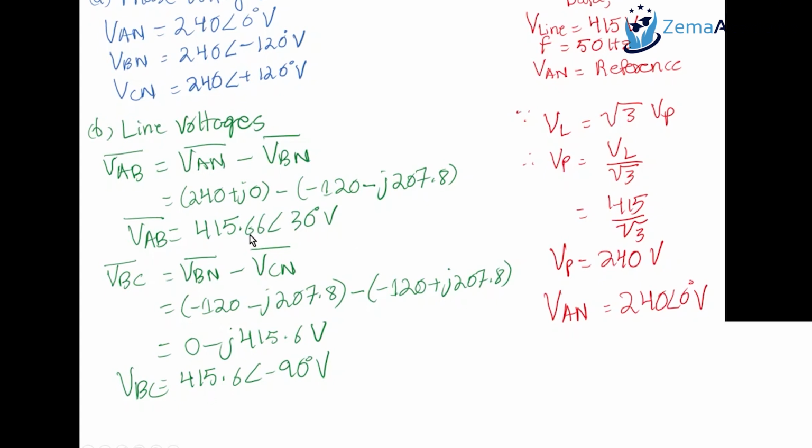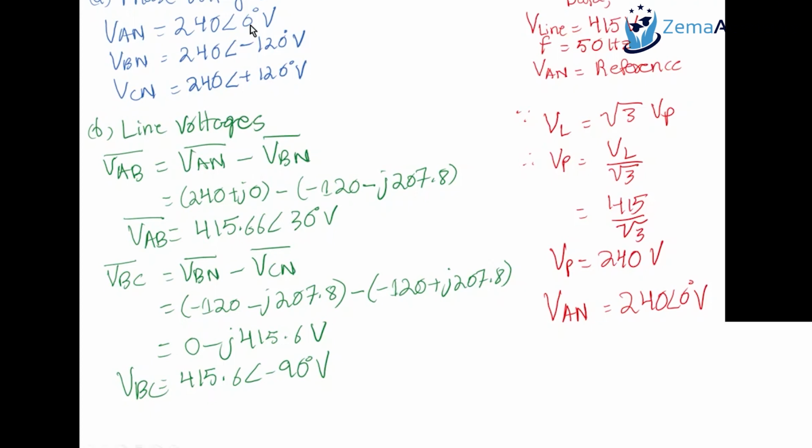Now you might be wondering why we have 0.66 here, because the line voltage was given as 415. This is because of a calculation error. We do have a margin in these conversions. When I did the calculations, I probably did not consider all significant digits.